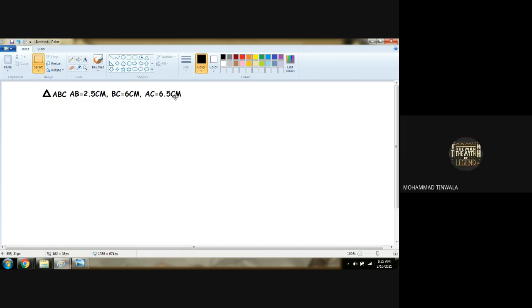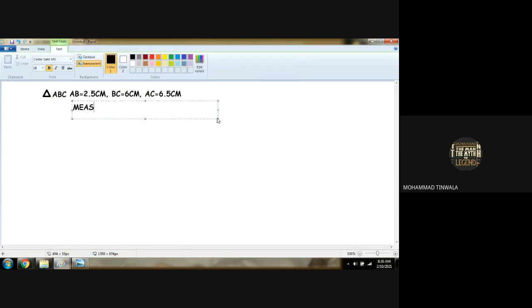Okay, chalo. Now we will draw a rough triangle. Now one thing left. We have to measure angle B. Angle B is equal to question mark.